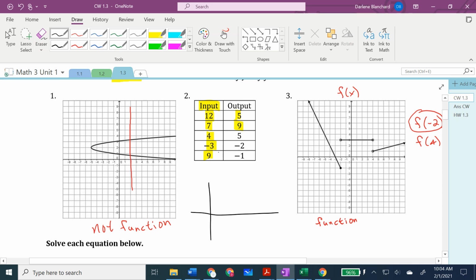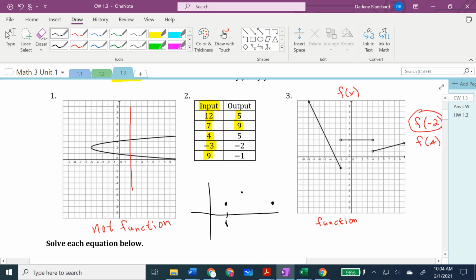What I'm going to do is I'm going to approximately plot these points. I have input 12, output 5, input 7, output 9, input 4, output 5, and I'm starting to lose my place now. 5 was there. There we go. These 2 points are at the same y level.